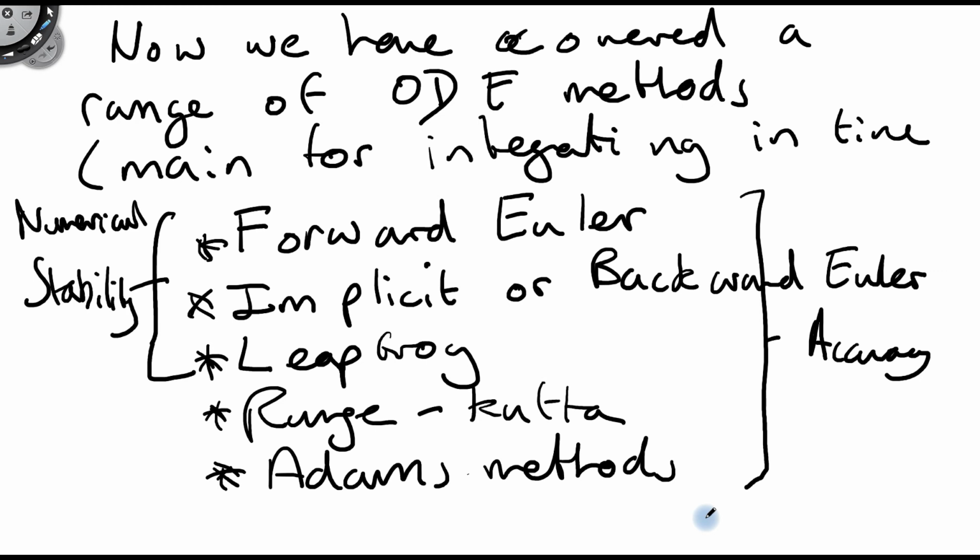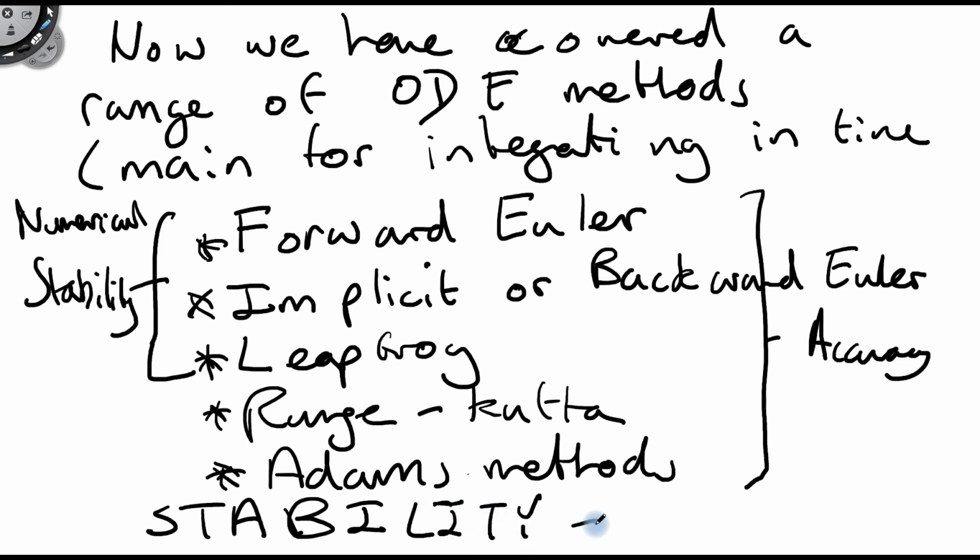Underlying all these things were the two ideas: numerical stability on the one hand, and accuracy. And you have to have both to have a good numerical method. Okay, so on that point, I'll stop there.